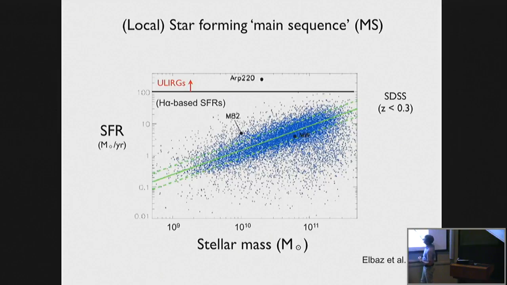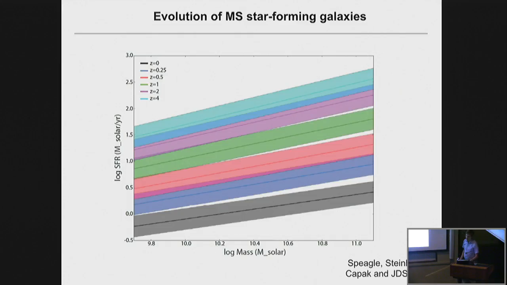So when you do this selection in a main sequence is rising for all masses, and so off the main sequence with things that are very massive galaxies, but still typical star-forming galaxies. They're still disks.